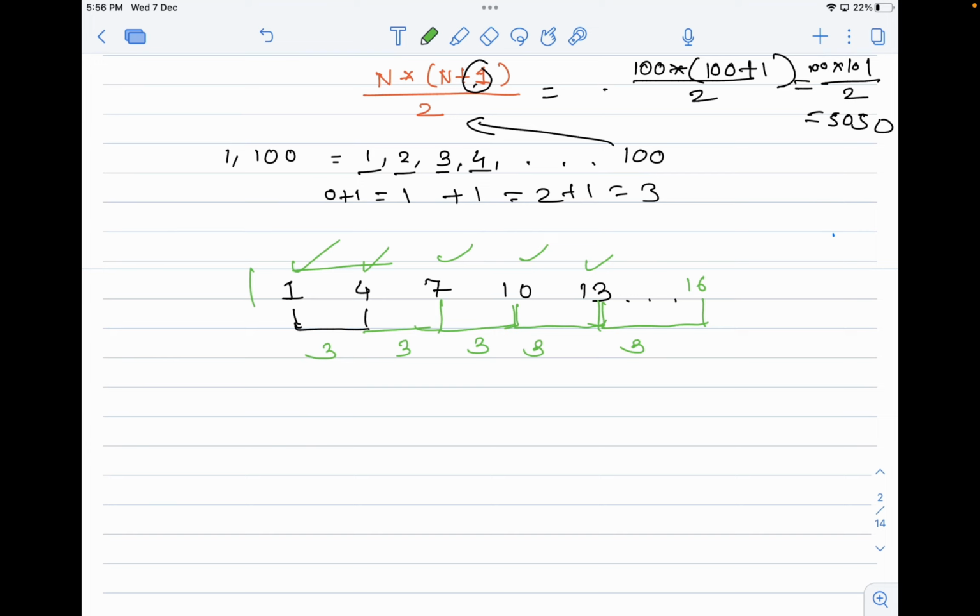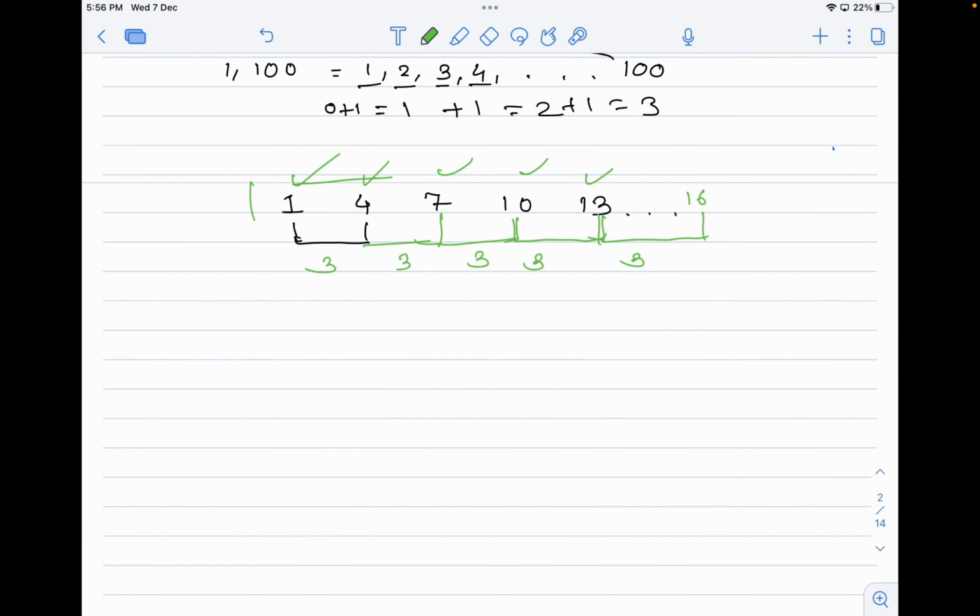There is a pattern of difference 3, and all numbers are incrementing by 3. The numbers are natural, but they do not increment the way natural numbers do. Just tell me the sum of 1 4 7 10 13. You can do it because these are only 5 numbers, so you can add them up.